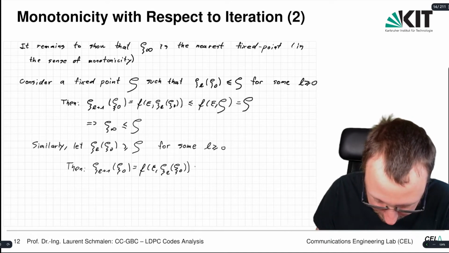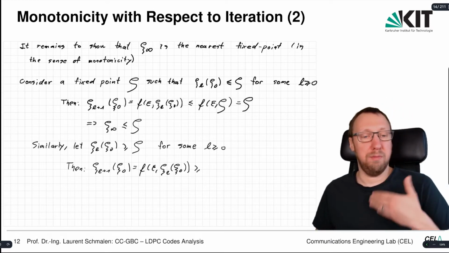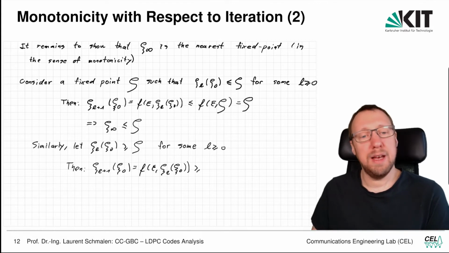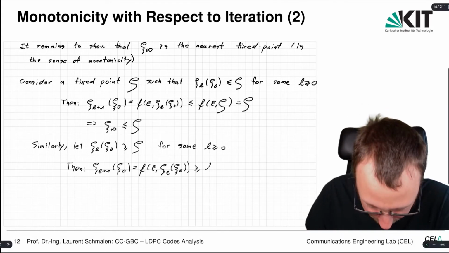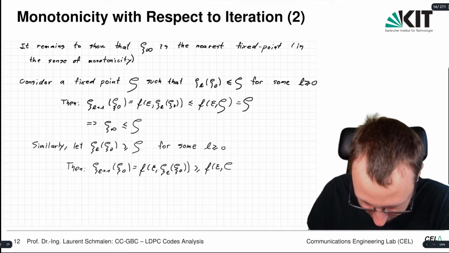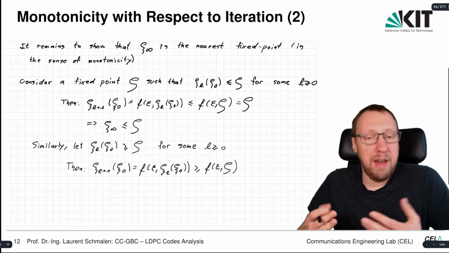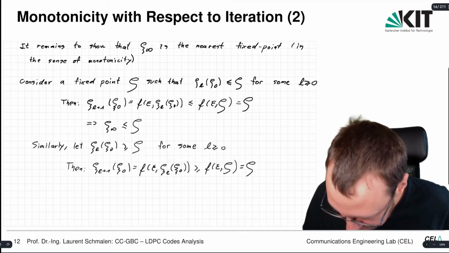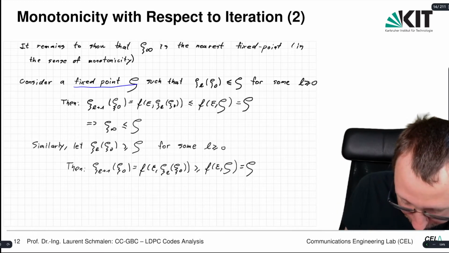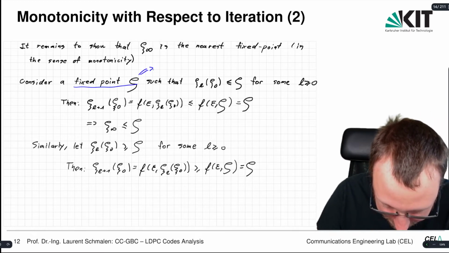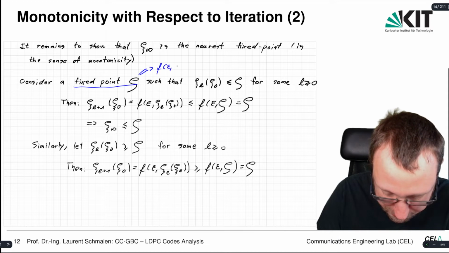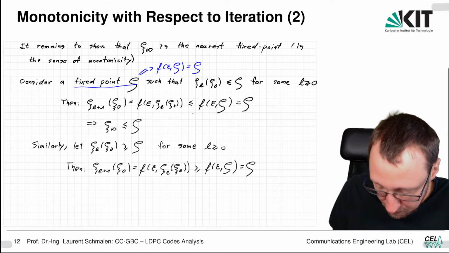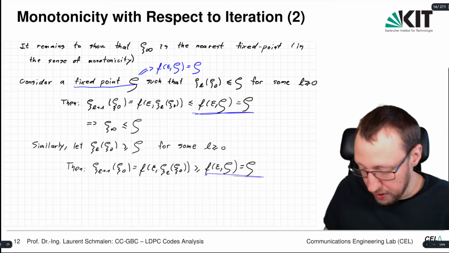And this is larger or equal because of the monotonicity again. C_L is larger or equal than theta, so f of epsilon C_L is larger or equal than f of epsilon theta. And theta is a fixed point, so this is equal to theta. Because we have a fixed point, that means that f of epsilon theta is equal to theta. That's what we are using in this equation.